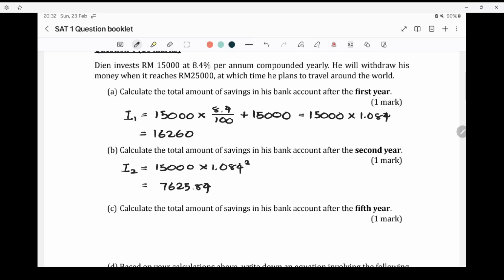So if you are not, how do you calculate the second year? Alternatively speaking, you can do this. So you take 16260 times 1.084. But 16260 is 15000 multiplied with 1.084, which is why I can write the left side. So if you calculate, it should give you the same answer.